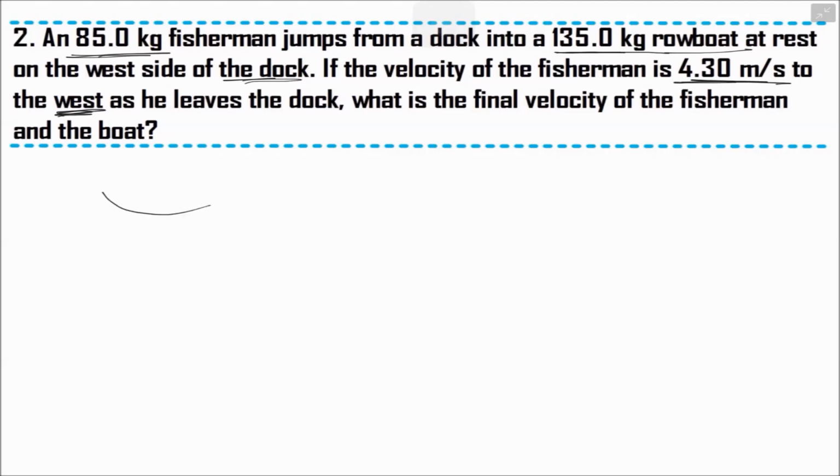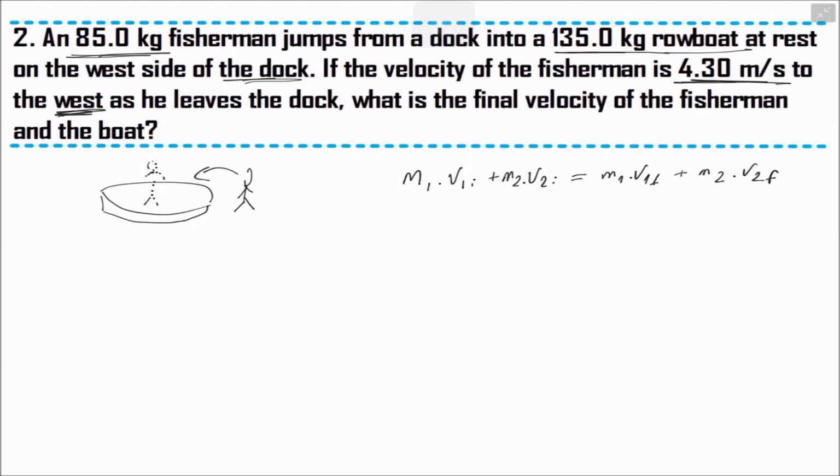Let's say this is the boat, like this, and this is the fisherman. If the fisherman jumps into it, they will finally move together, the boat and the fisherman. Our formula, first of all: m1 times v1 initial plus m2 times v2 initial equals m1 times v1 final plus m2 times v2 final.